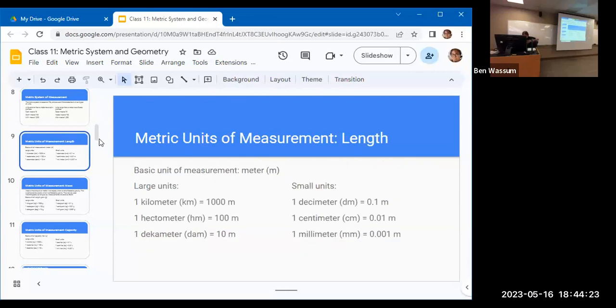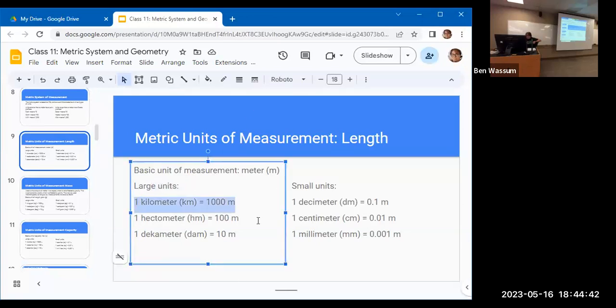So yeah, length. For the most part with the metric system, we really are only gonna stress what the units are. In this case, length deals with meters. Some of these units you will have seen. Kilometer we use, but when was the last time you saw a hectometer and a decameter? Never, right?